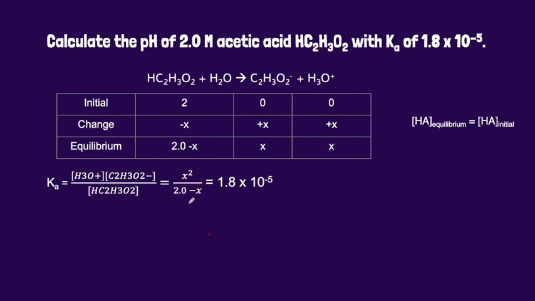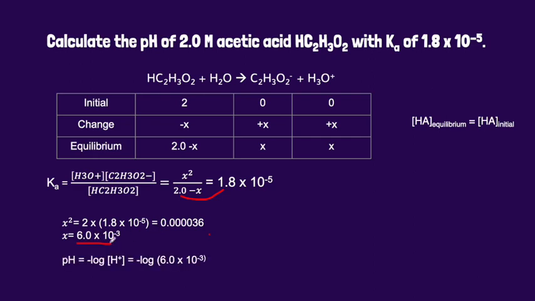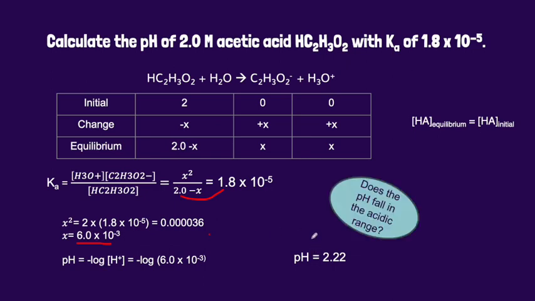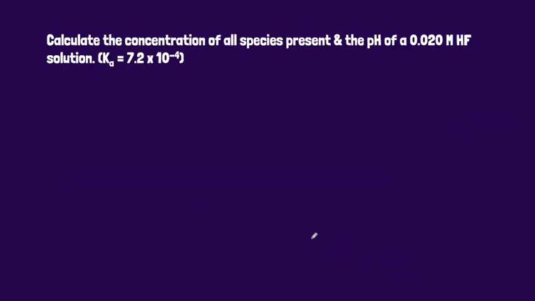Then you multiply this by this, you take a square root of that, and this should be your molarity. You take a negative log, and you get a pH of 2.22. Is it an acidic pH? Yes, it is.